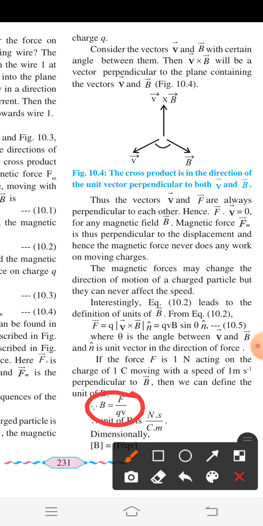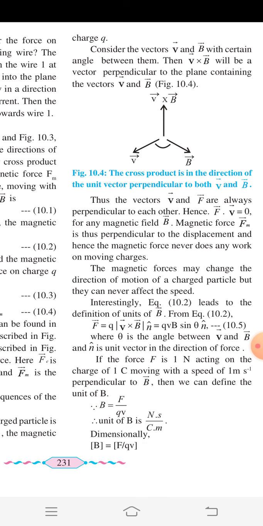Therefore, unit of B is Newton second per Coulomb meter. That is the unit of magnetic field, Newton second per Coulomb meter.